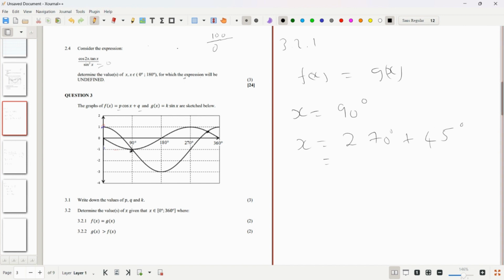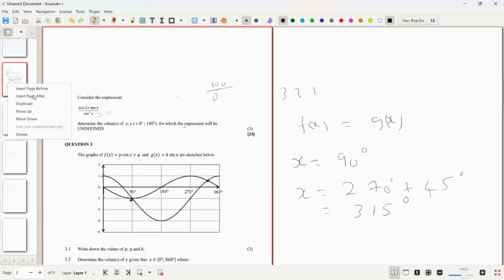And then we have our 315 degrees. So you don't need to solve by equating f and g. You just need to determine from your graph, right? That's why it's only 2 marks. So please don't waste your time.